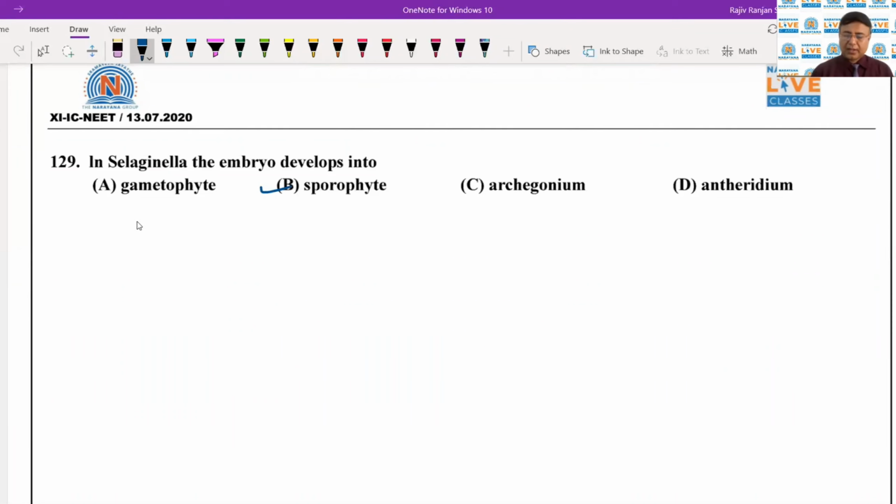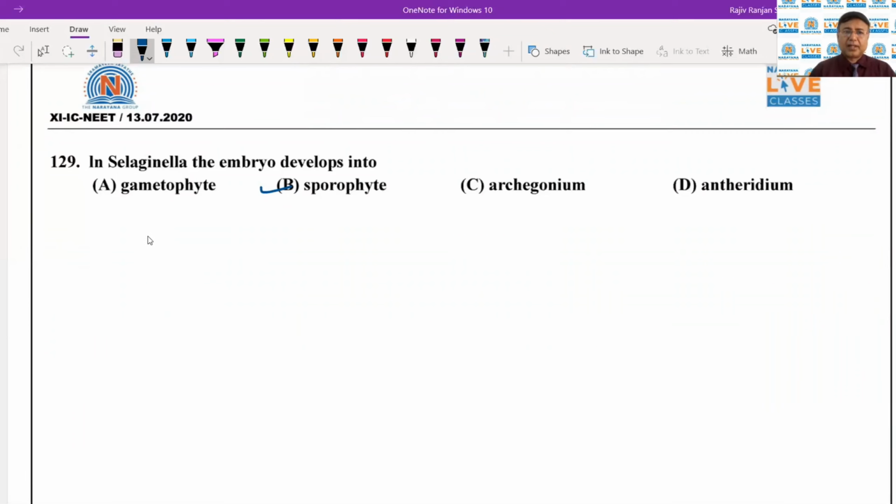So we know, as I have just drawn the life cycle of those plants that have got the alternation of generation, I have shown that the embryo is a diploid structure. It develops from the zygote, and subsequently the embryo develops into the sporophyte, whether it is an independent sporophyte, as in case of the pteridophytes like Selaginella, or dependent sporophyte, as in case of bryophytes.